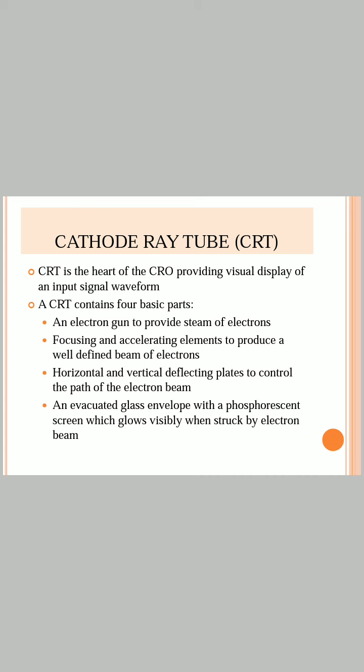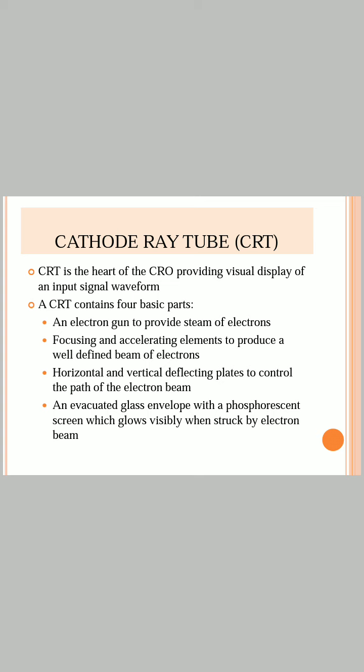Now we can discuss CRT. CRT is the heart of CRO and it provides a visual display of the input signal waveform. A CRT contains four basic parts: an electron gun to provide a stream of electrons, focusing and accelerating elements to produce a well-defined beam of electrons, horizontal and vertical deflection plates to control the path of the electron beam, and eventually an evacuated glass envelope with a phosphorescent screen which glows visibly when struck by the electron beam.